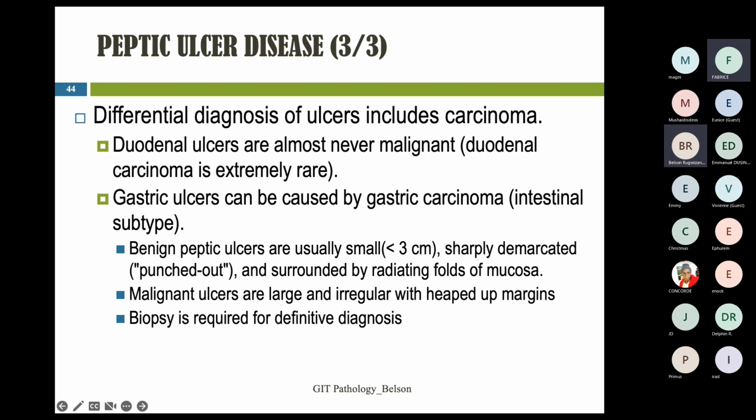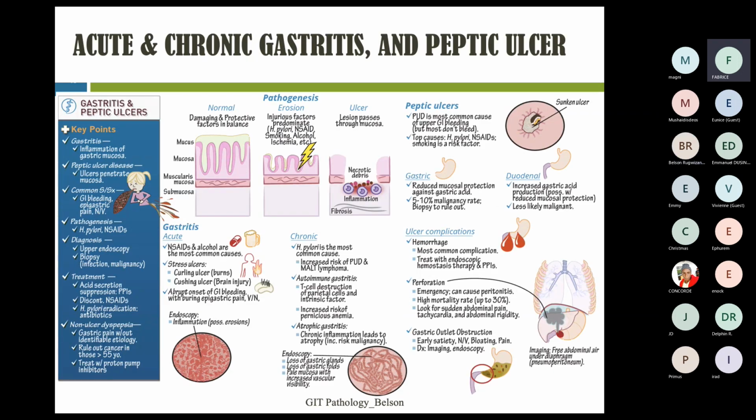So benign ulcers are usually small, sharply demarcated and surrounded by radiating folds of the mucosa, while the malignant ulcers, meaning ulcer which is associated with cancer, they are large with irregular borders and they have heaped up margins. So margins zizamutse cyane, kuri ulcer ubona yatebeyemo hasi. So the biopsy is required for the definitive diagnosis, of course.